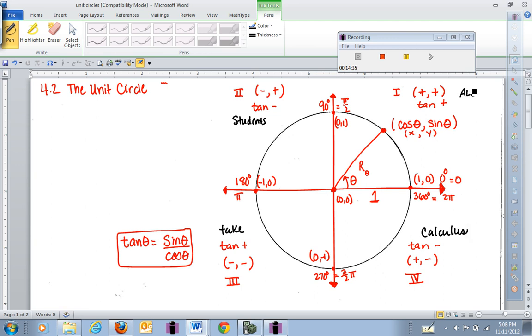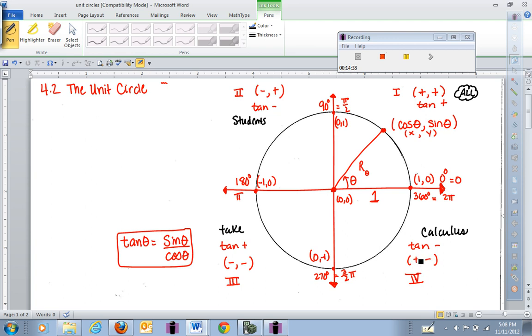This means that in the first quadrant, all of your functions, sine, cosine, and tangent, are positive. S is going to stand for sine. In the second quadrant, the only thing that's positive is sine theta. T, the take, stands for tangent. The only thing positive in the third quadrant is tangent. And calculus, fourth quadrant, the only thing positive in the fourth quadrant is the cosine.